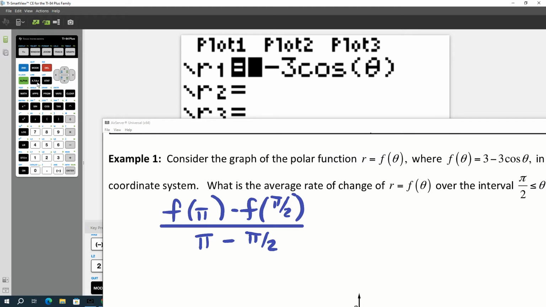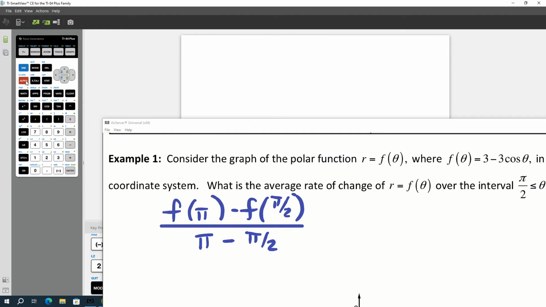All right. Then we're going to go back to the home screen, and we're going to get the fraction. So alpha y equals, and then hit enter on 1. And then we're going to go to where we used to go to get y1, but it's now going to be r1. Do you guys remember where we used to go to get y1? Alpha trace. Absolutely.